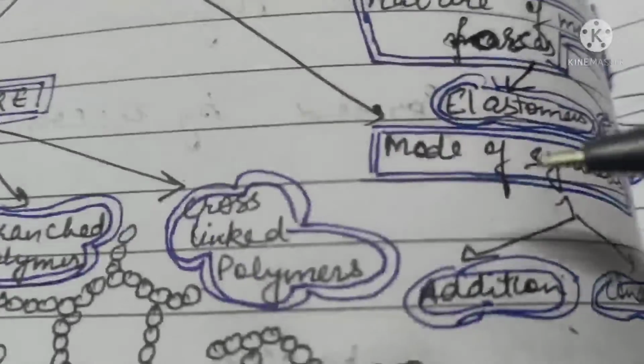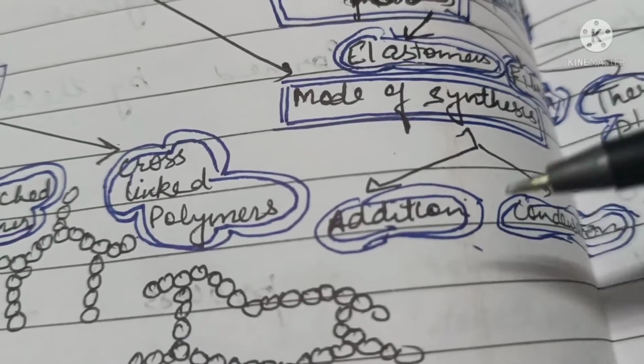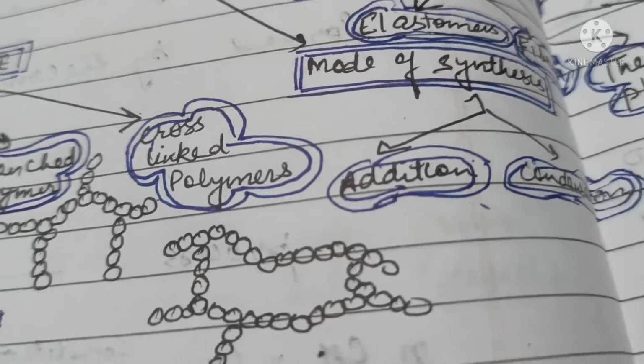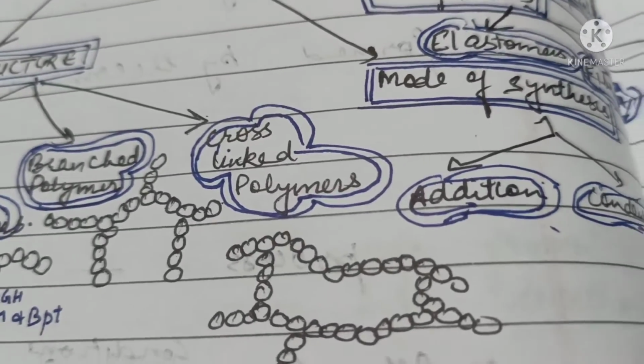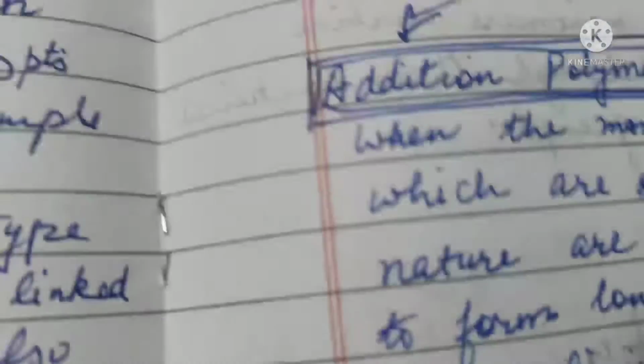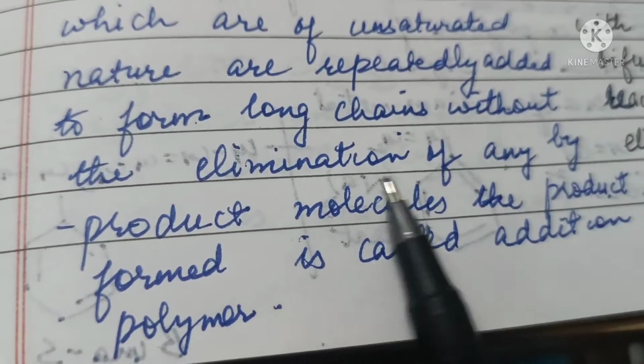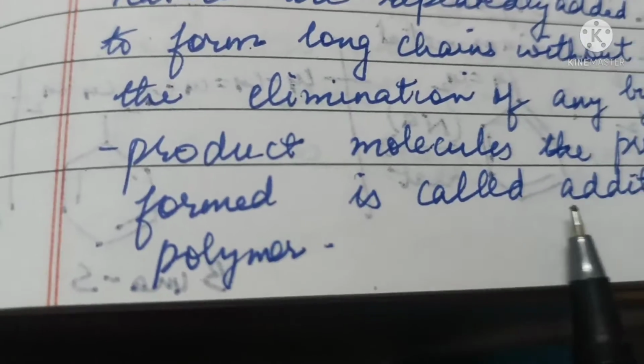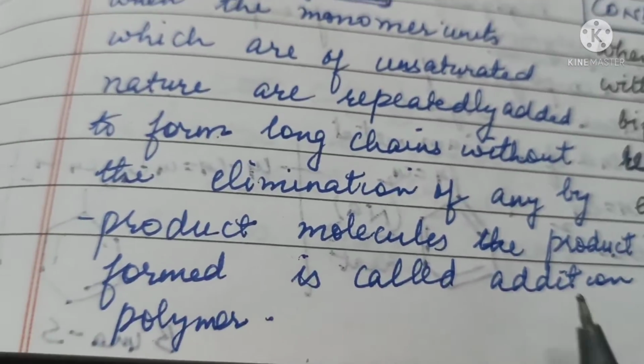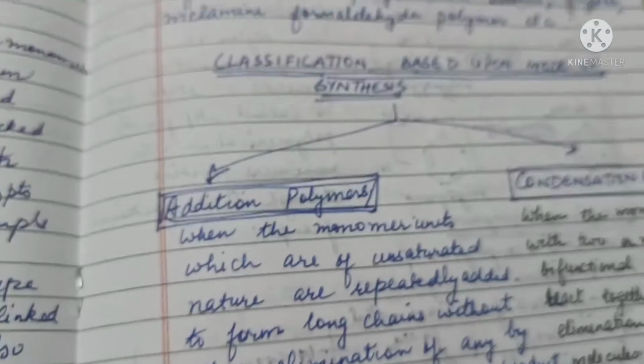Then based on mode of synthesis, they can be classified into addition polymers and condensation polymers. So addition, when the monomeric units are repeatedly added to form long chains without the elimination of any product molecule, they are called addition polymers. They generally have multiple bonds.